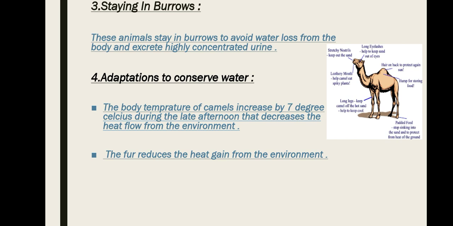So to prevent this, the body temperature increases by 7 degrees Celsius. Then the body of the camel is covered with fur, which reduces the heat gain from the environment, resulting in reduced water loss. That's all. So thank you.